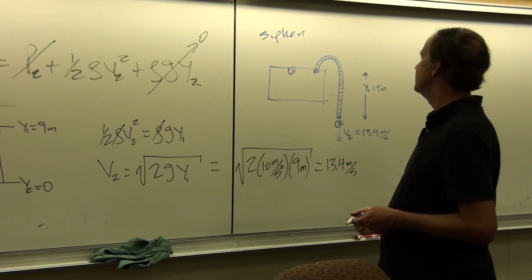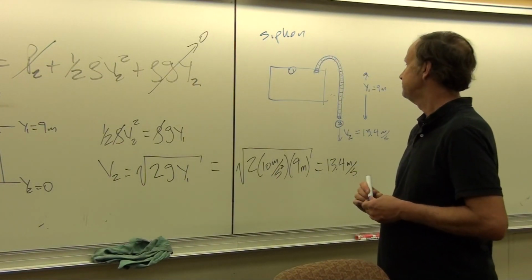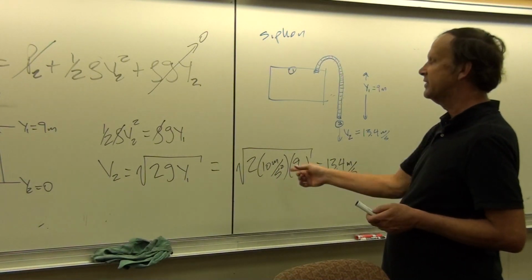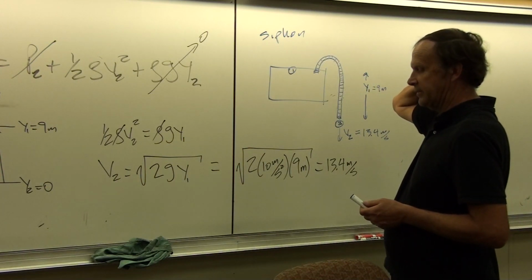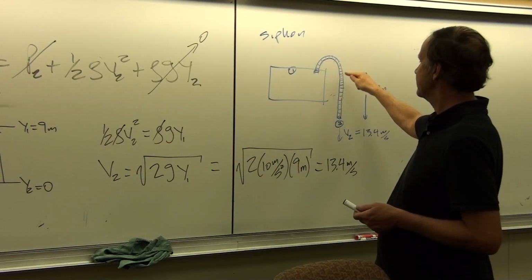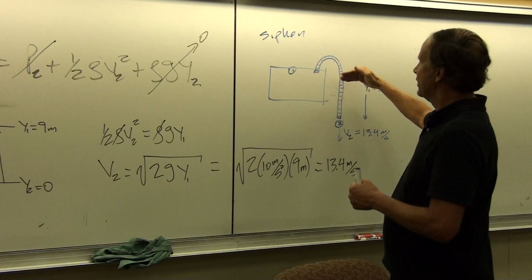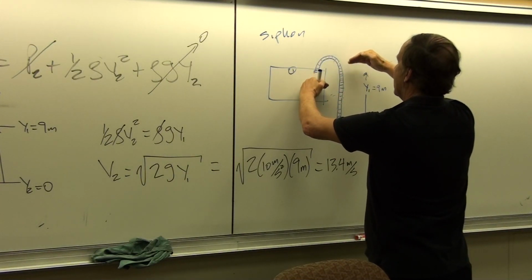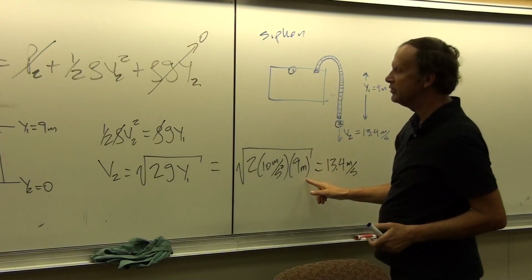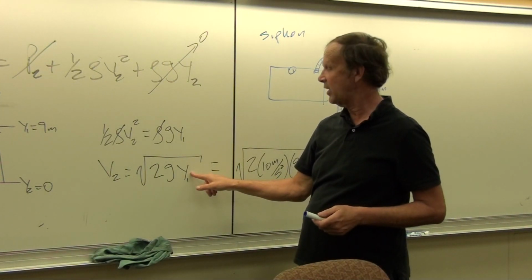You can also do this with gasoline, and notice that the densities cancel, so you could draw fluid out of a gas tank using this same kind of principle. After a while, the level of the fluid will drop, and that means the y will drop. So y is not constant in this problem, but is a variable.